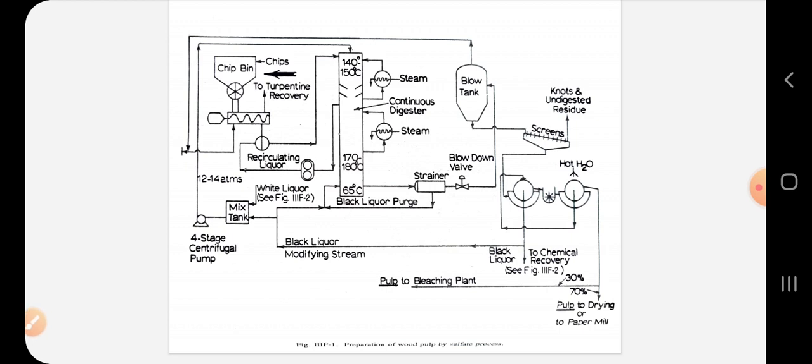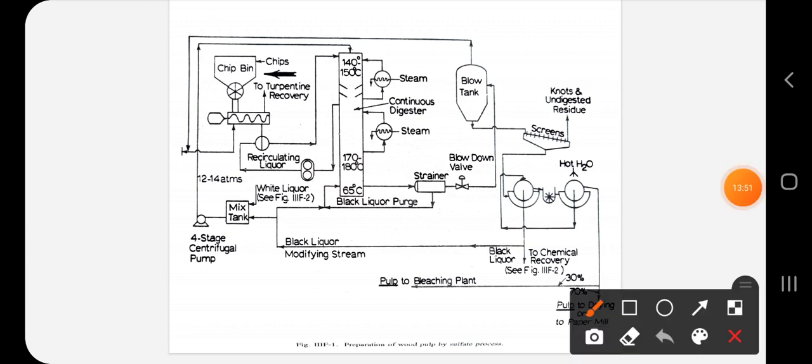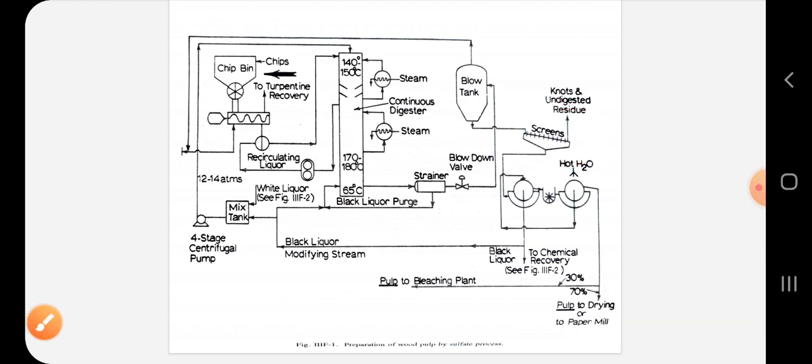Now the pulp is filtered through a number of layers of screens to remove the knots and make a smoother finished product.